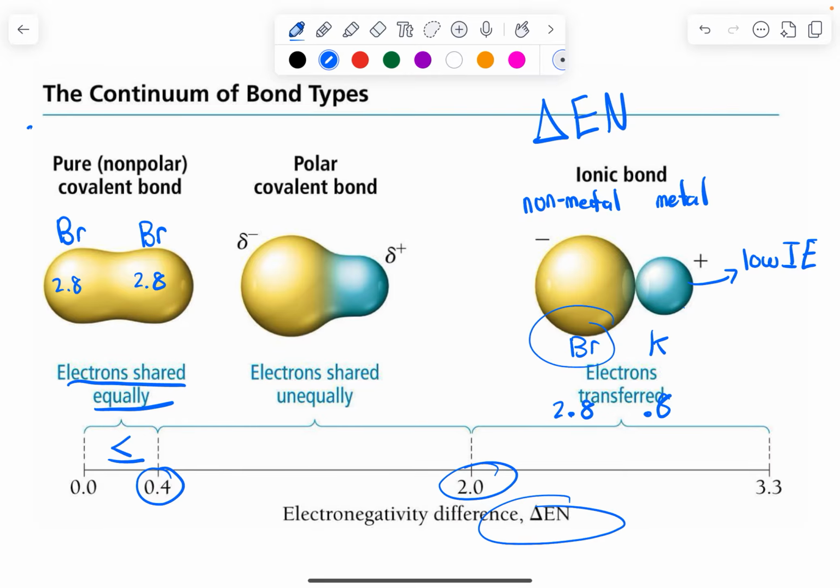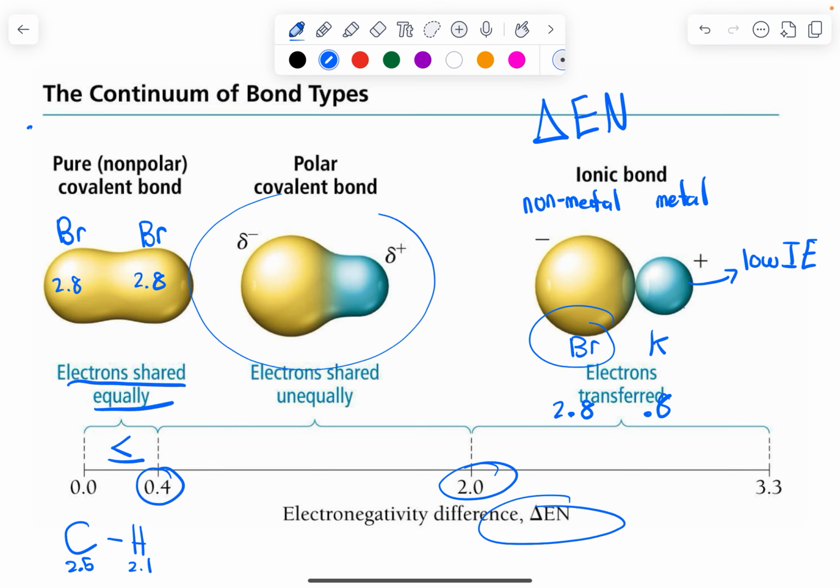Anything in that range, we're going to consider it to be nonpolar. So an example of this would be C and H. H is 2.1, C is 2.5. So they are different, but the difference is so small that it's negligible. It doesn't really matter.